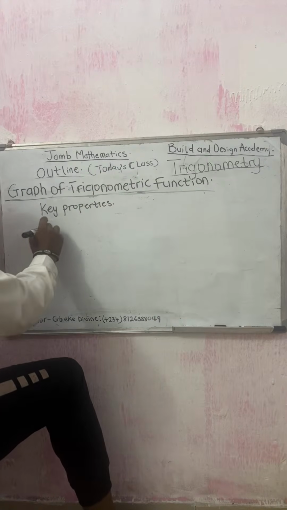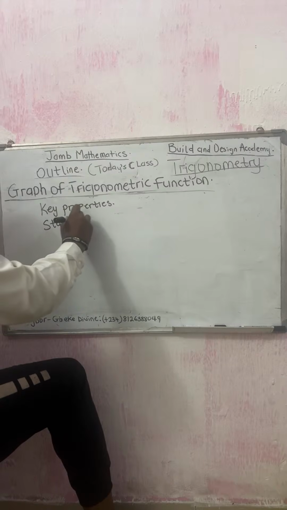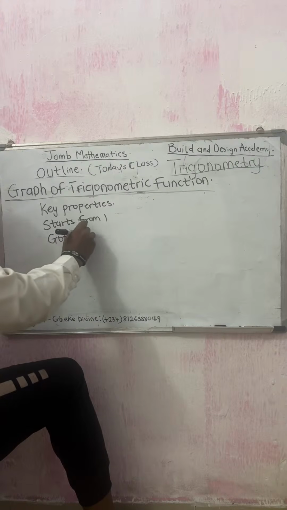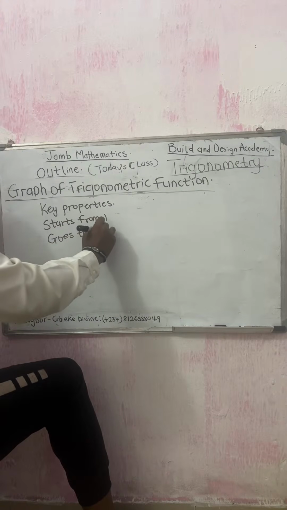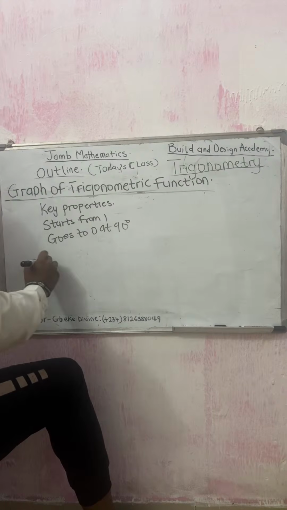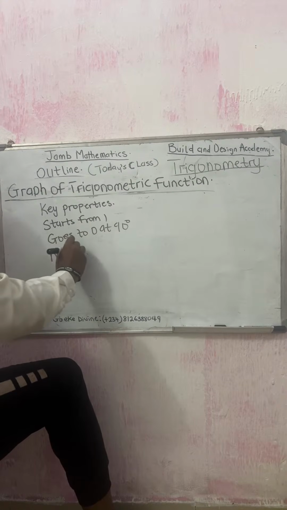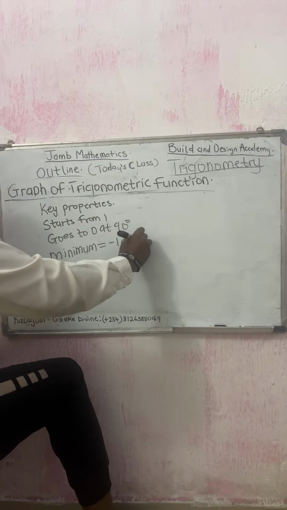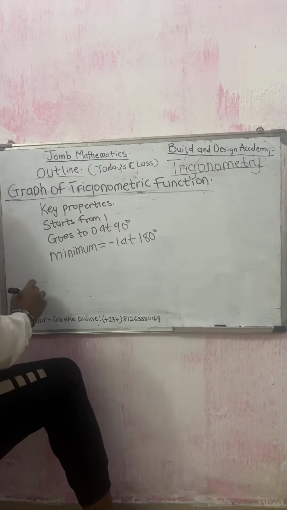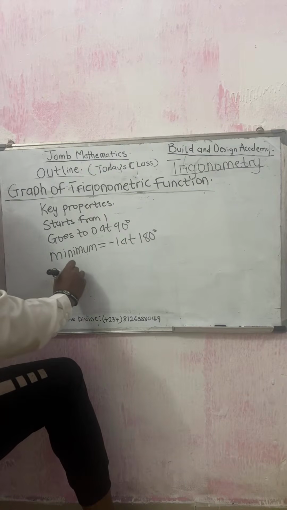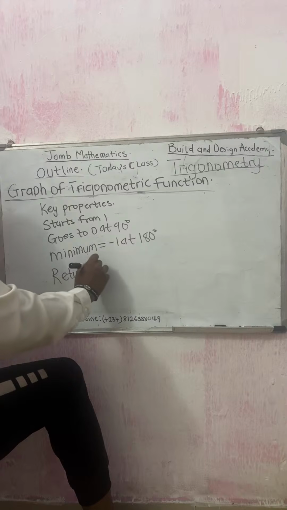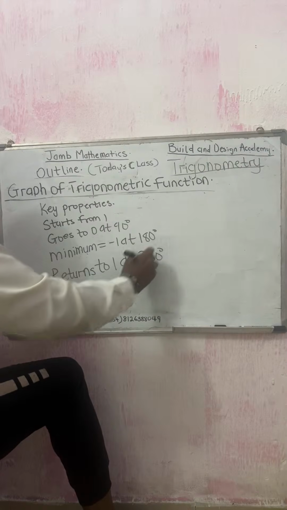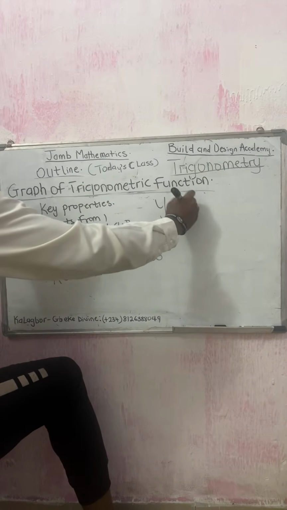It starts from 1, goes to 0 at 90 degrees. The minimum is equal to -1 at 180 degrees. And it now returns to 1 at 360 degrees. I know that for cosine, y equals cos x.